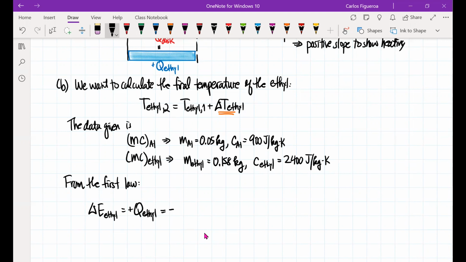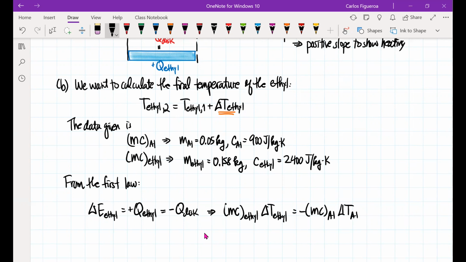And this is minus equal to that of the disk. So if I put that all together, I have the mass of the ethyl times the change in the temperature of the ethyl, and that's going to be minus the thermal mass of the aluminum disk times its change in temperature.